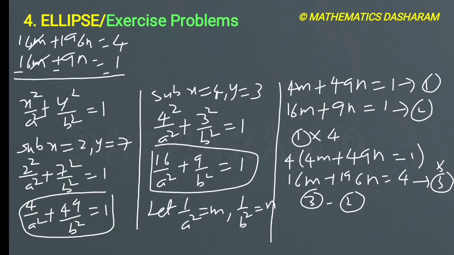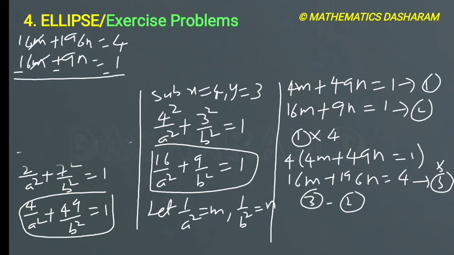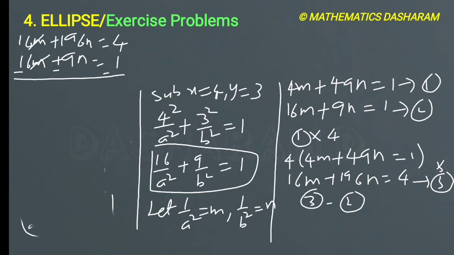Here both are cancelled. So then 196 minus 9n equals to 187n. 4 minus 1 is 3. Then n equals to 3 divided by 187. Here 3, no cancellation.